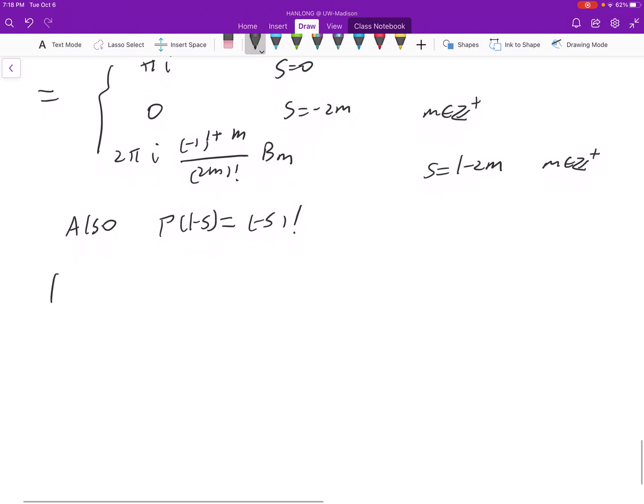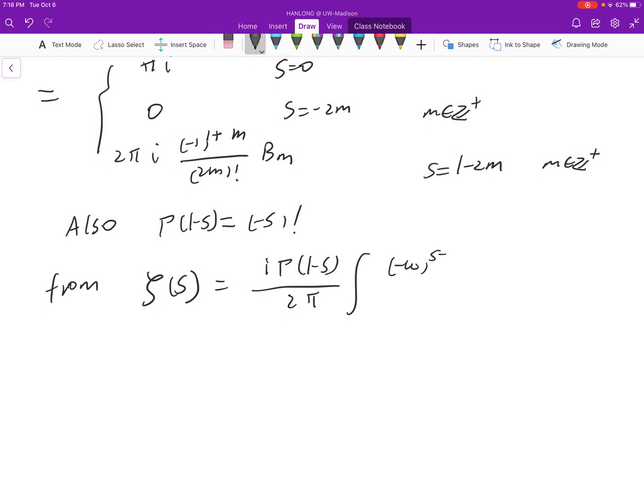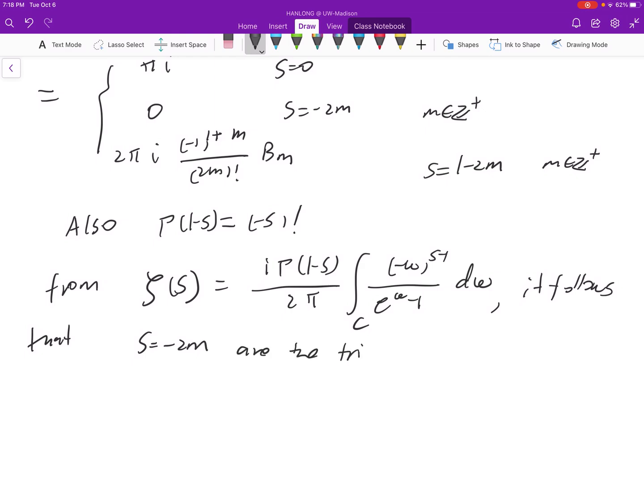Okay, then from zeta s equals i gamma 1 minus s divided by 2 pi times the line integral, it follows that s equals negative 2m are the trivial zeros of zeta s.